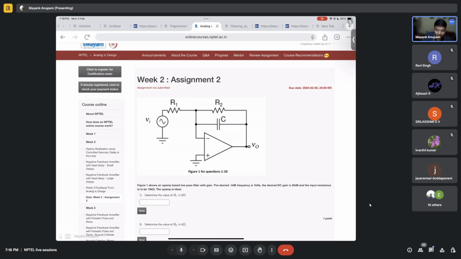Another thing, even in the example that the instructor is talking about, he has put a buffer in between the actual load, where the load is connected, and the negative feedback element.